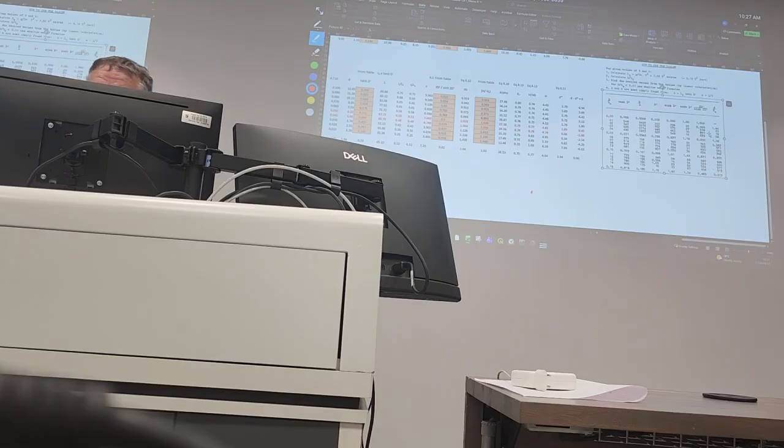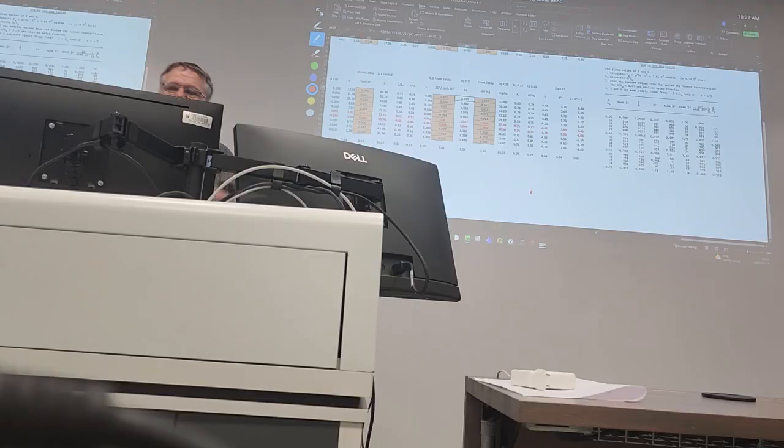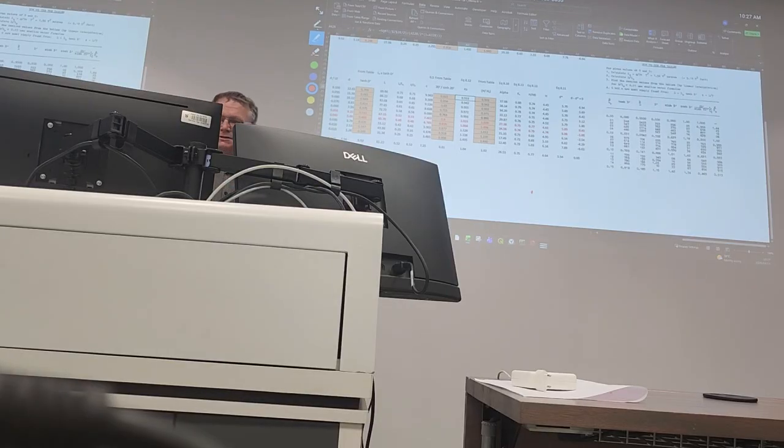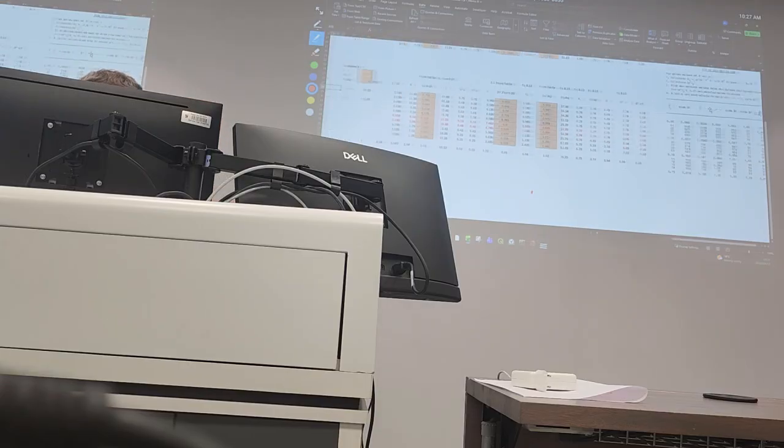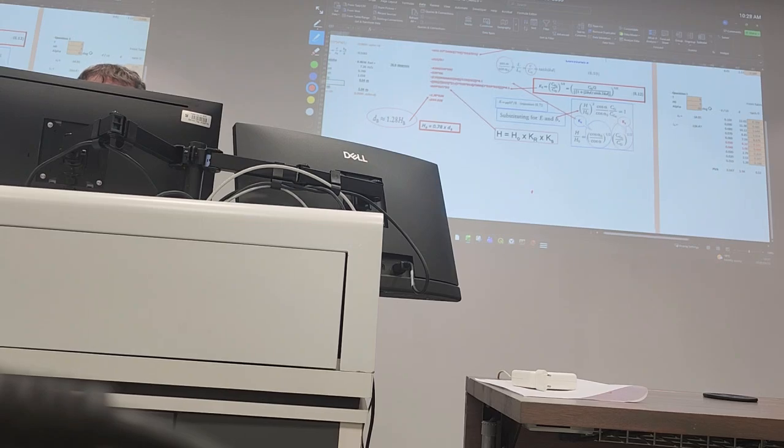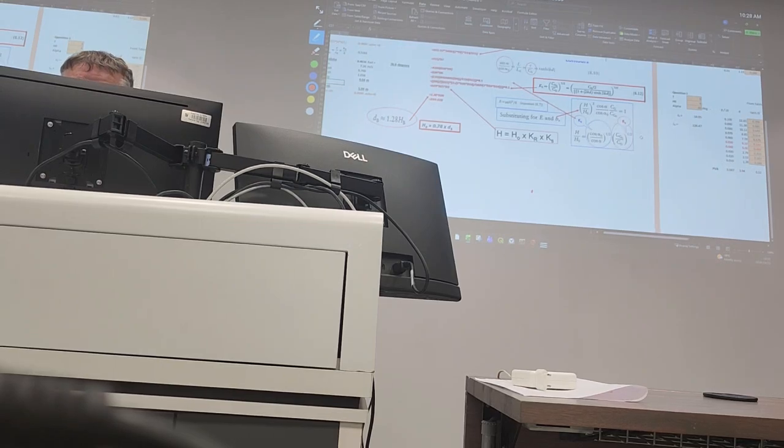Once you've done that and done the calculation, you can calculate the KS value. But this H over H0, since there's no other diffraction or something like that, we assume that, if we look back at our equations, this is basically our KS value.